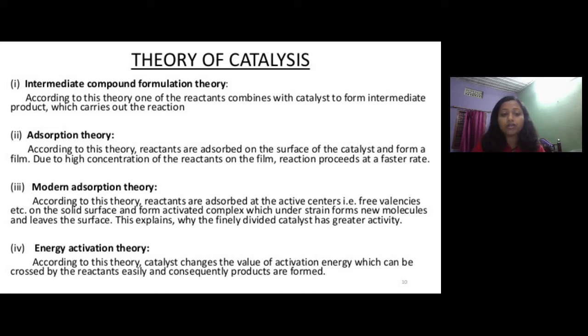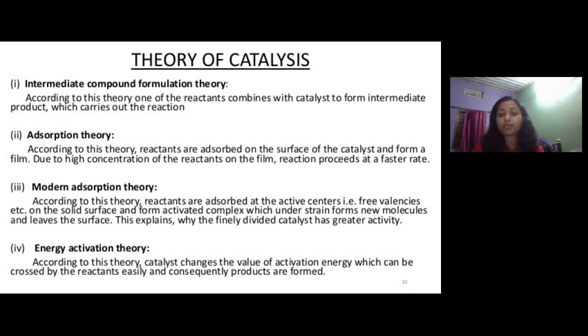Then again, modern adsorption theory. According to this theory, reactants are adsorbed at active centers, that is free valencies, etc., on the solid surface and form activated complex, which under strain forms new molecules and leaves the surface.